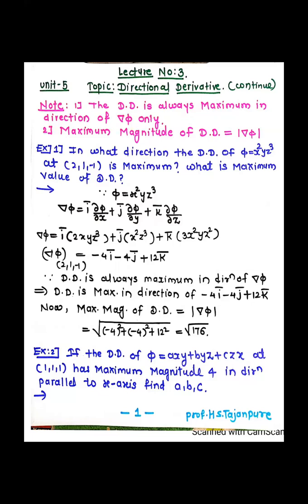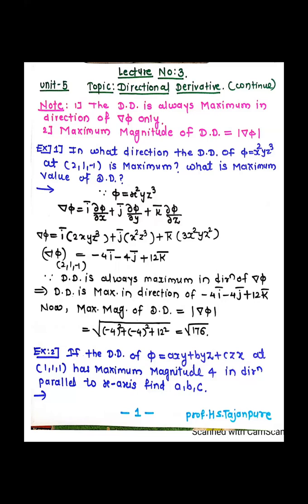In the direction of del phi only. So this is the first property that we are going to use now in solving the example. And the second one is the maximum magnitude of the directional derivative is given by the magnitude of del phi. So these are the two properties.